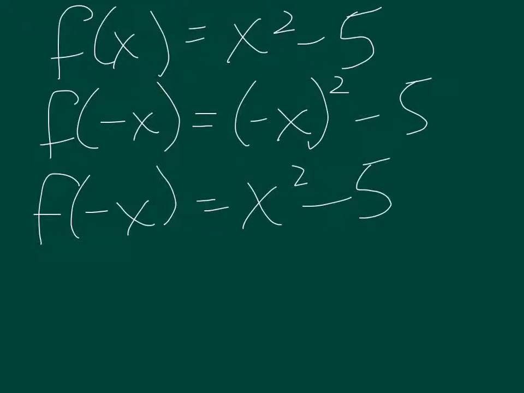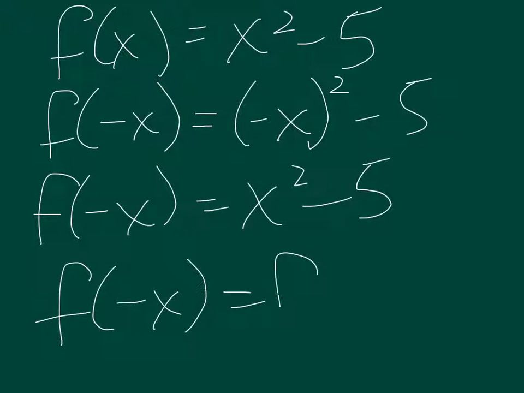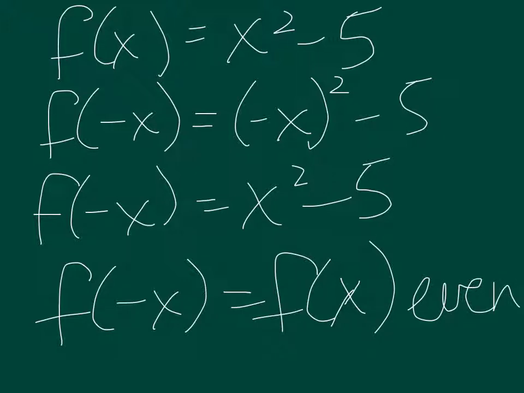This means that since this and this are the same, f of negative x equals f of x, which looks like the definition for an even function.